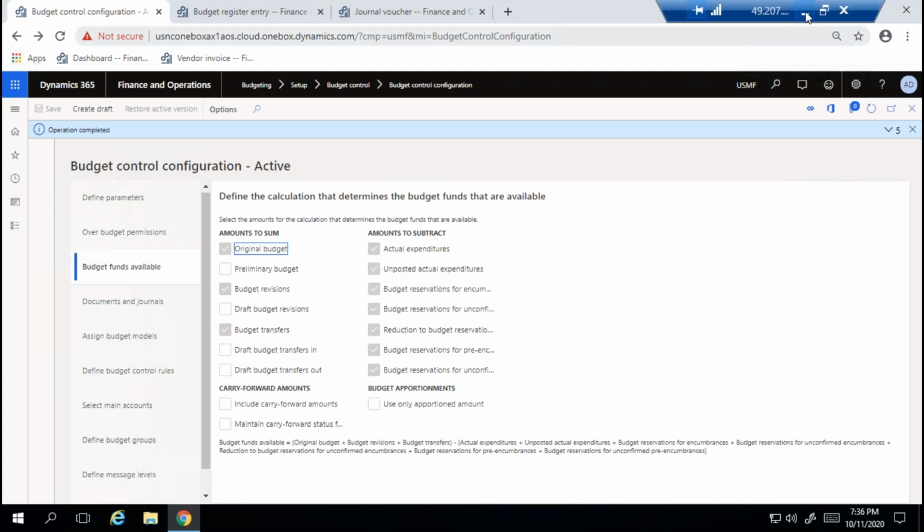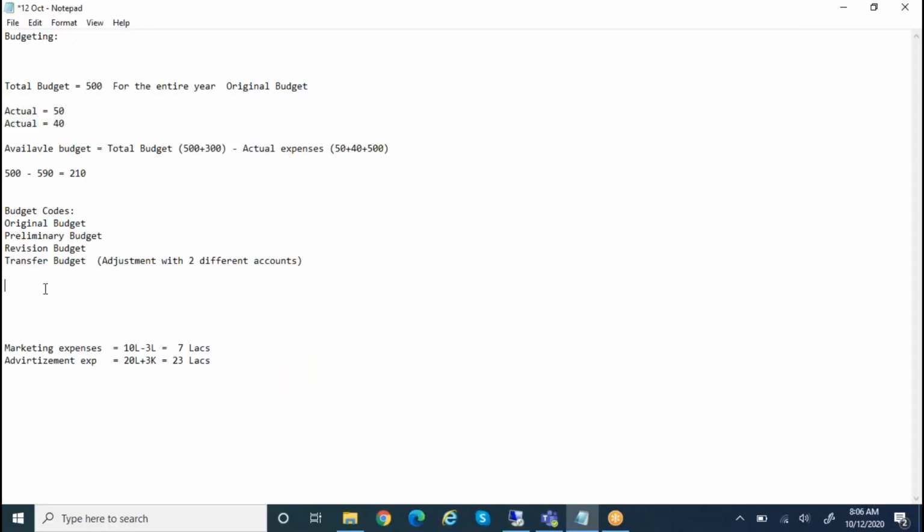Here there is a small word you need to understand, encumbrance and pre-encumbrance. Encumbrance means at the time of purchase order. Pre-encumbrance means at the time of purchase requisition.